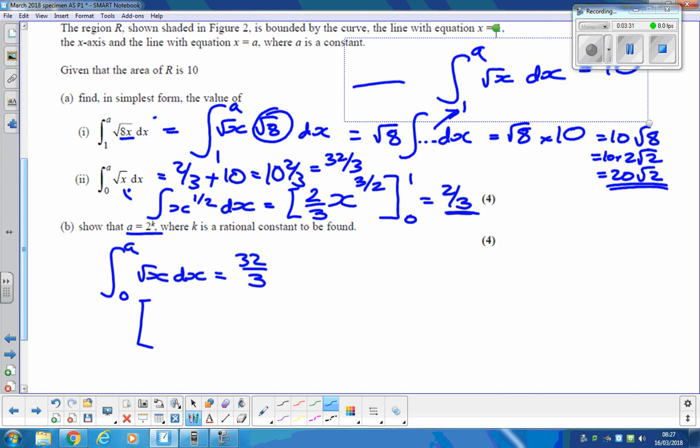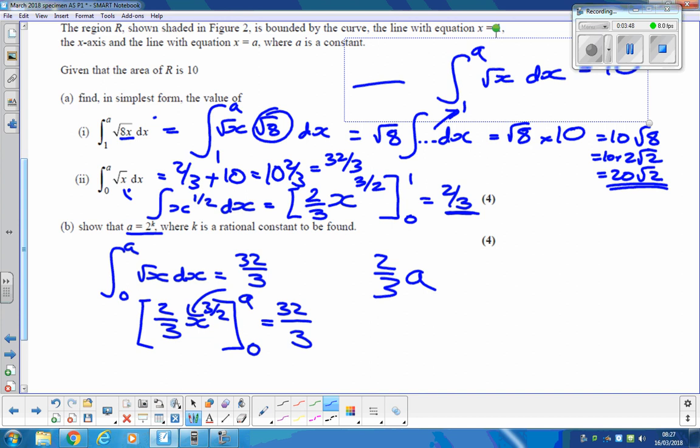We know this thing integrates to give 2/3 x to the 3/2 between a and 0. And we know that that is 32/3 again. So I'm going to drop the a into here now. I've got 2/3 of a to the power of 3/2 equals 32/3.